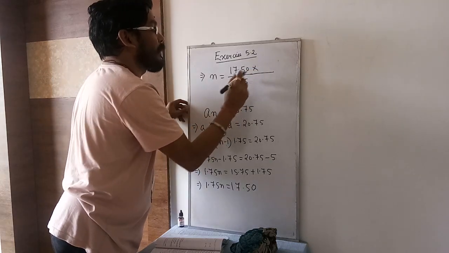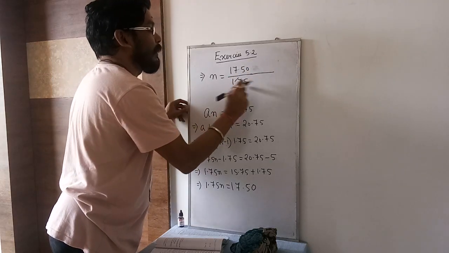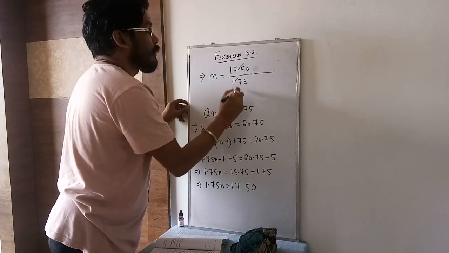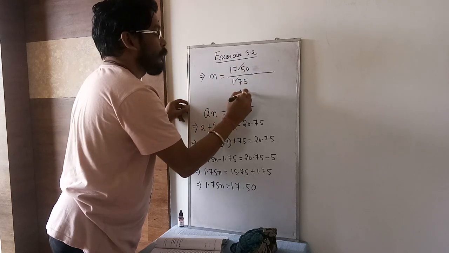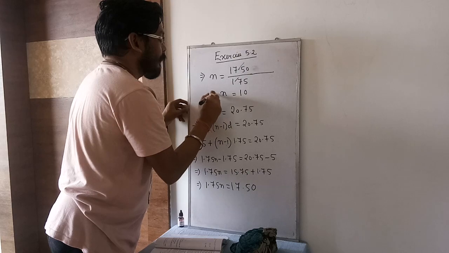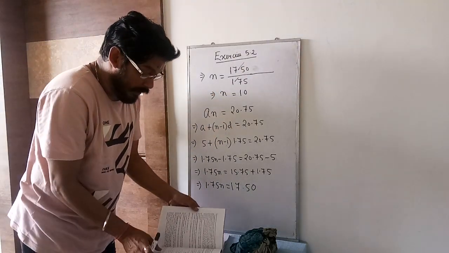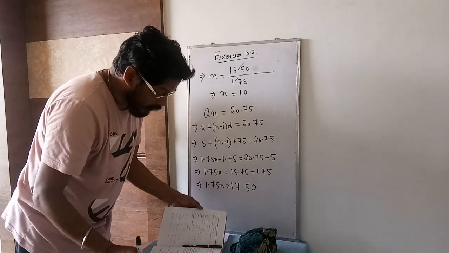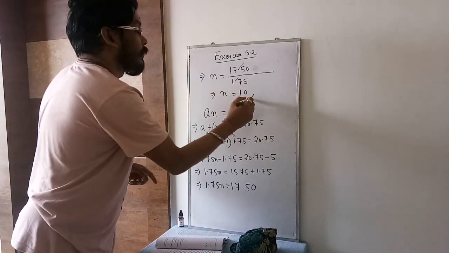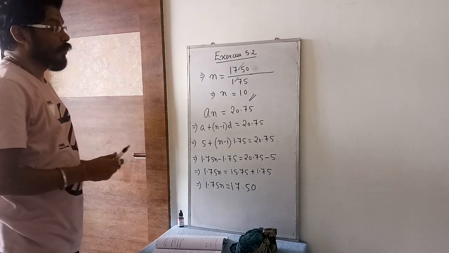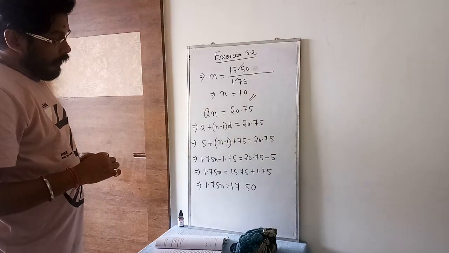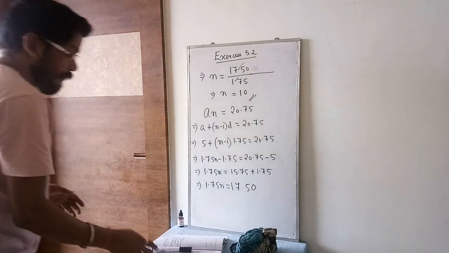If I remove the decimal, after two decimal digits cancel, so 1750 by 175, which gives 10. That means the value of N is 10. That means in the 10th week, her savings will become rupees 20.75. Got the value of N? So take the screenshot.